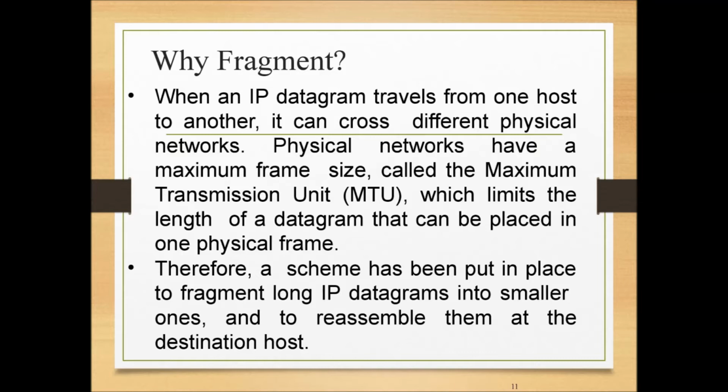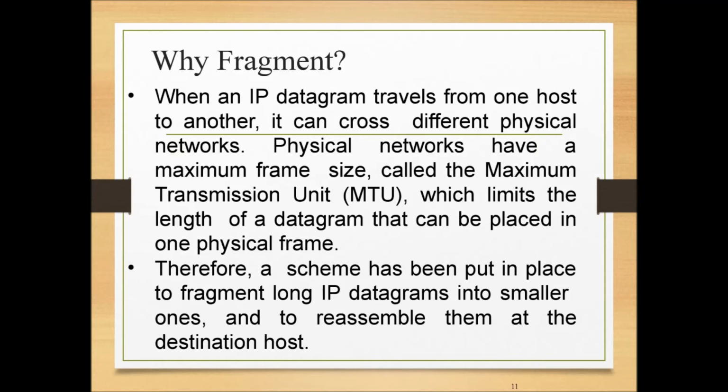When an IP datagram travels from one host to another, it can cross different physical networks. Physical networks have a maximum frame size called the maximum transmission unit, which limits the length of a datagram that can be placed in one physical frame. So every network will allow a specific amount of data transmission, and due to this we have to divide a large file into small portions, and those portions are called fragments.